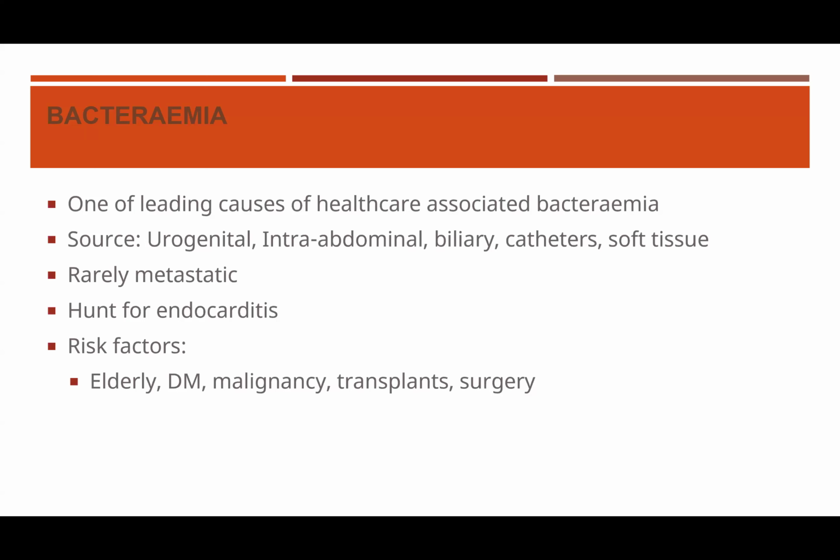Patients who are at risk for developing enterococcal bacteremias are older adults, those with multiple underlying diseases, which can include things like diabetes or underlying malignancy, underlying heart disease, transplant recipients, and patients who have had surgical intervention previously.